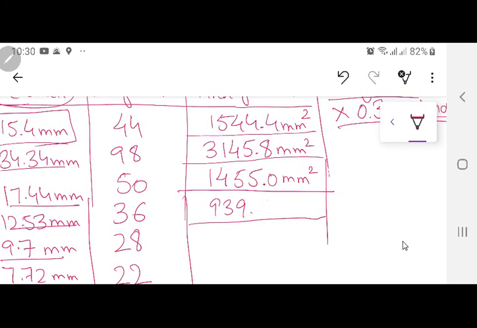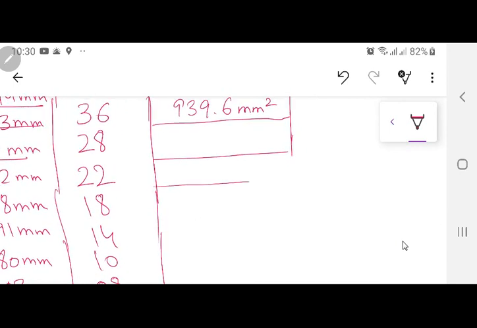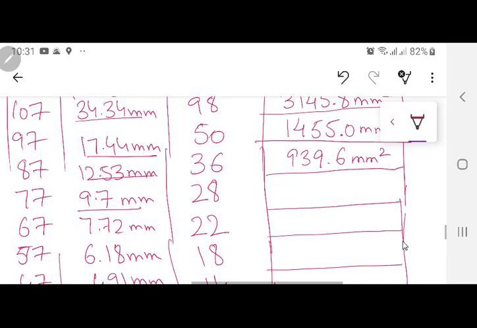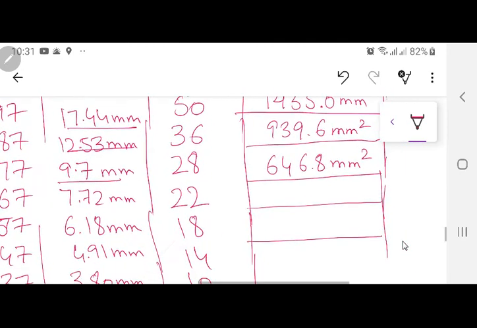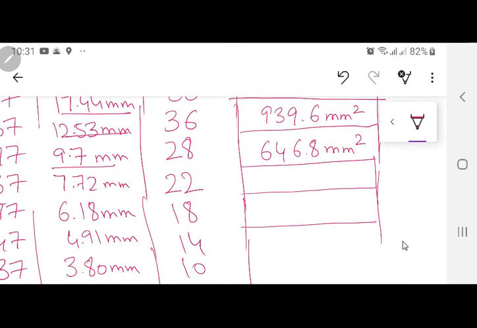93 जी. Next. 64.8 जी. Next. 442 जी. Next. 18, 307.8.